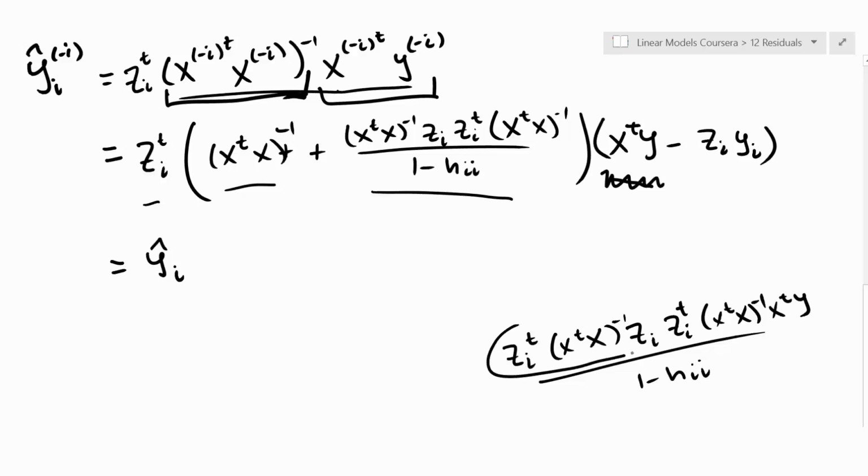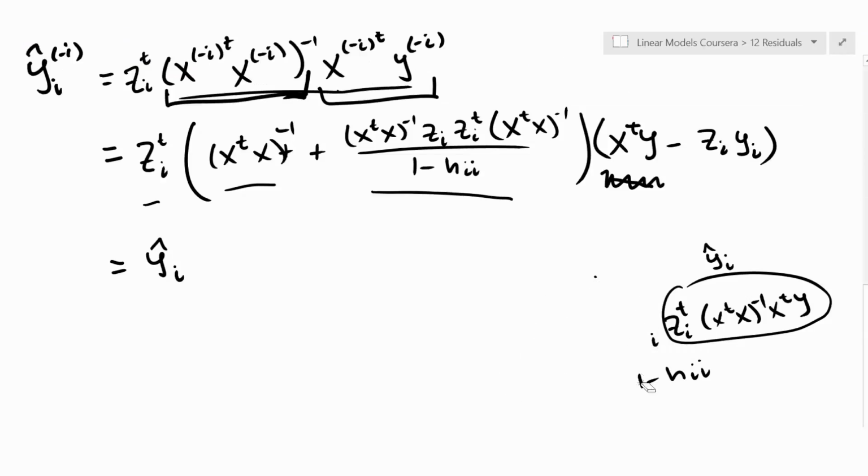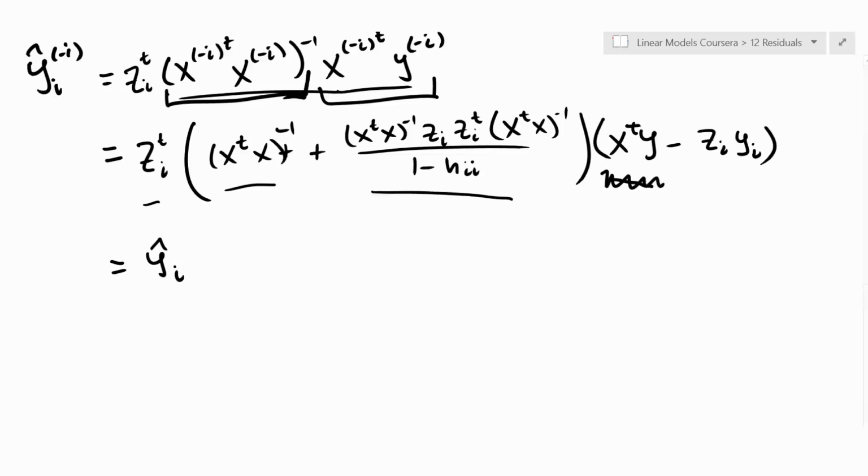Well, this right here is just h_ii, and this right here is just ŷ_i. So what I wind up with is h_ii over 1 minus h_ii times ŷ_i.